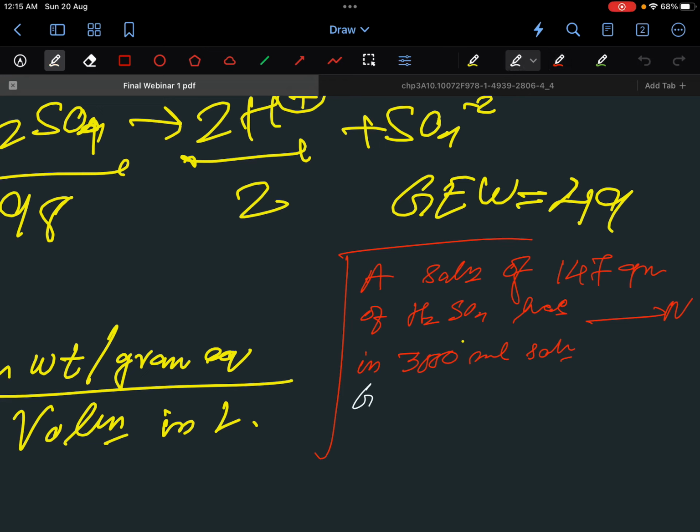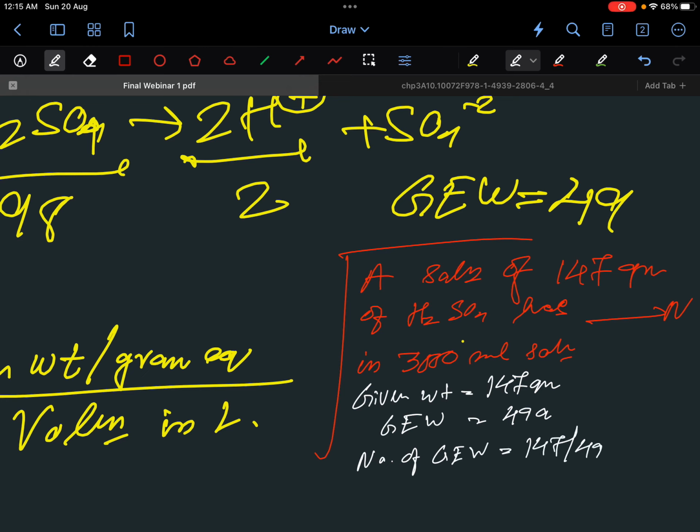Given weight is 147 gram, and the gram equivalent weight is 49 gram. So the number of gram equivalent is 147 divided by 49, that is 3.